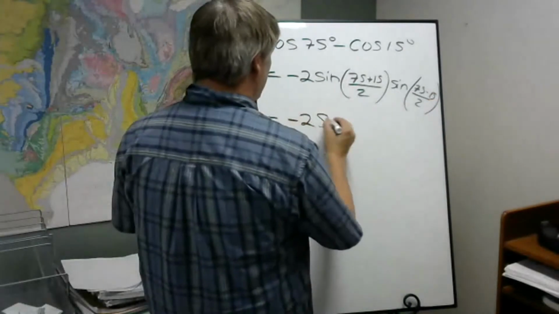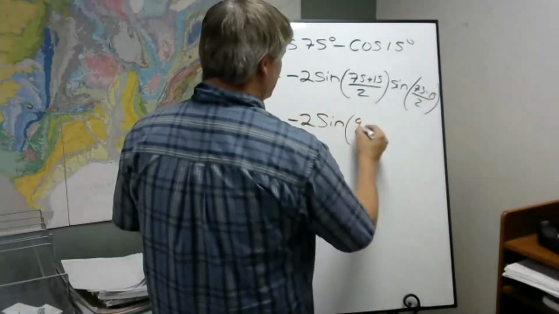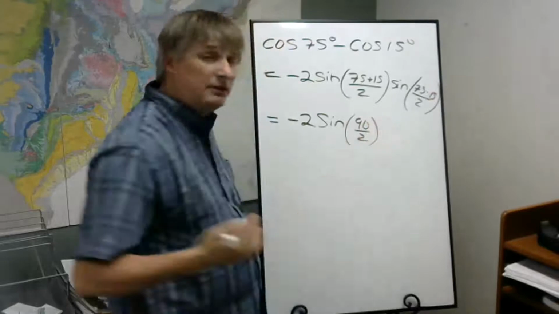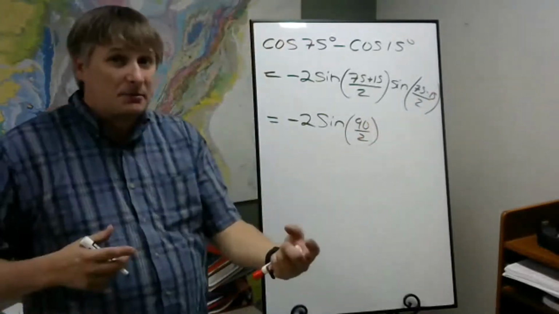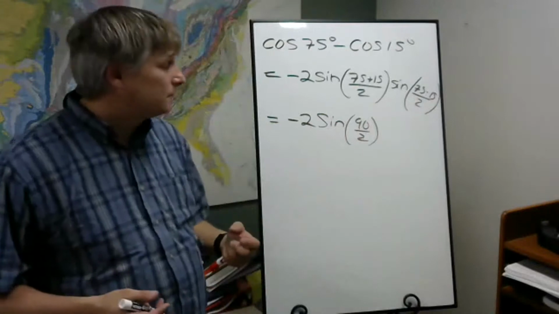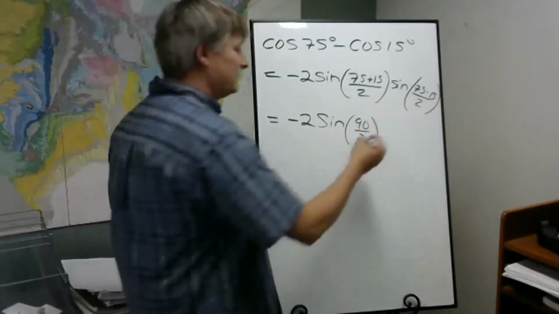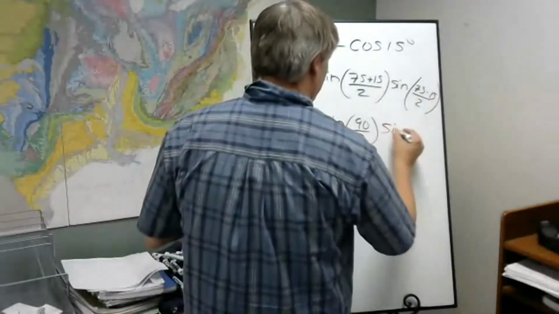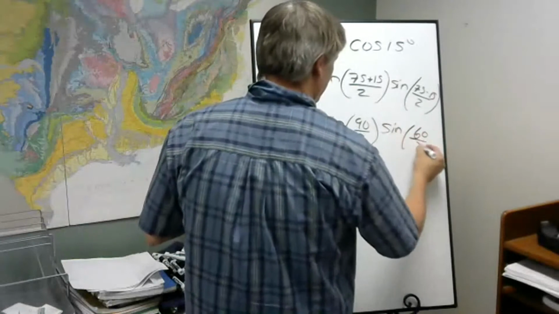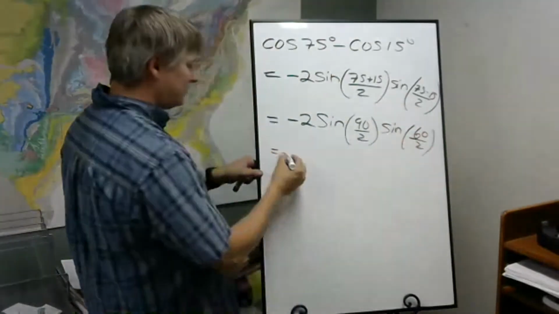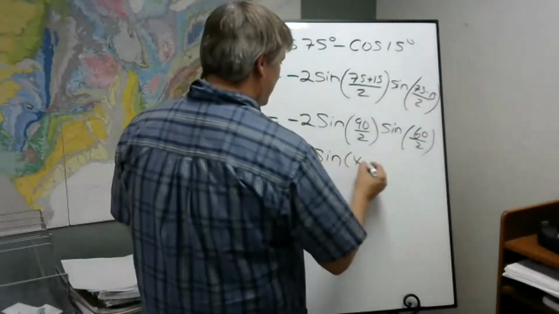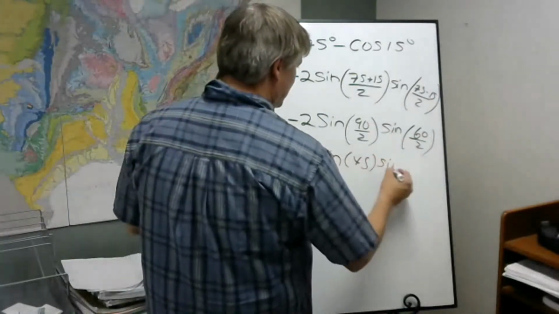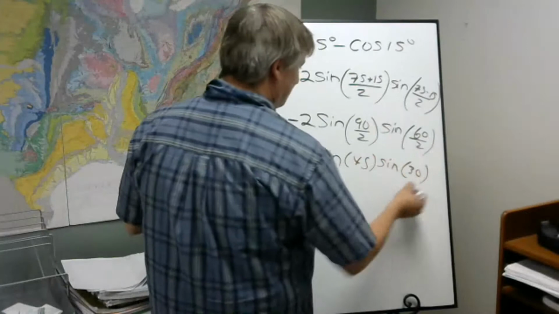So -2 sine. Luckily, 90 divided by 2 is 45 degrees. So there's that little extra bit there, the division by 2. And then we have sine of 60 divided by 2, so -2 times the sine of 45 and the sine of 30.